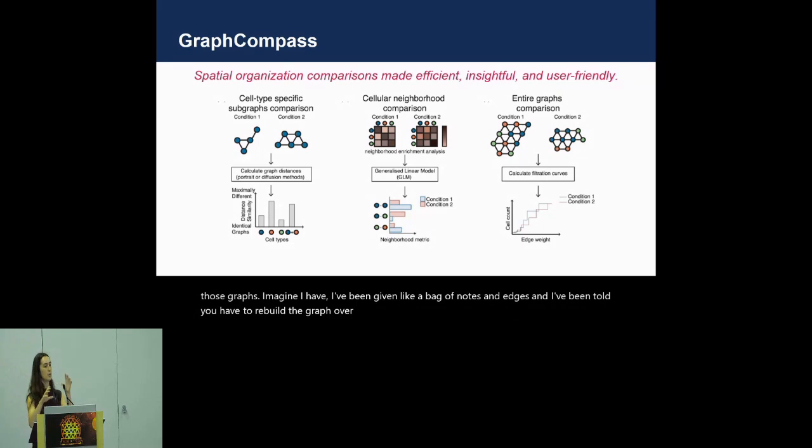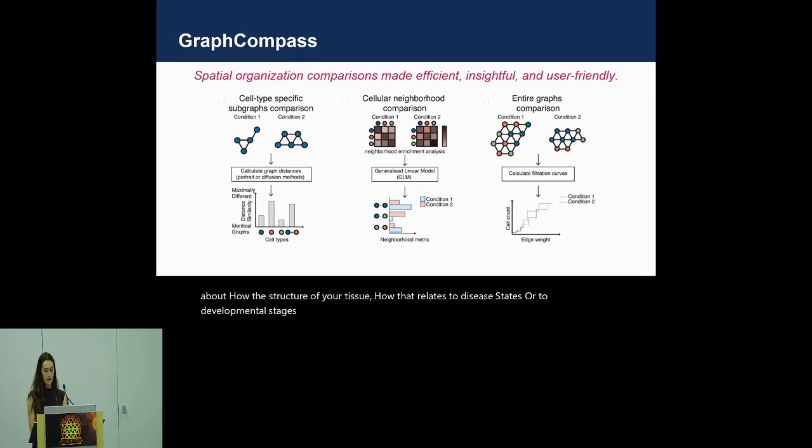And you start by putting the nodes that are closest together. And so you're growing your data until you have achieved that graph. And the way that that data grows, the way that you do that, says something about the shape of your graph. And you can compare this between conditions as well. It says something about the structure of your tissue, how that relates to disease states or to developmental stages.